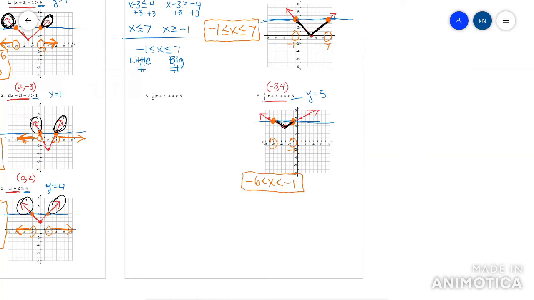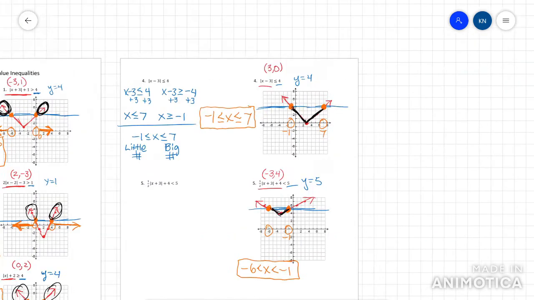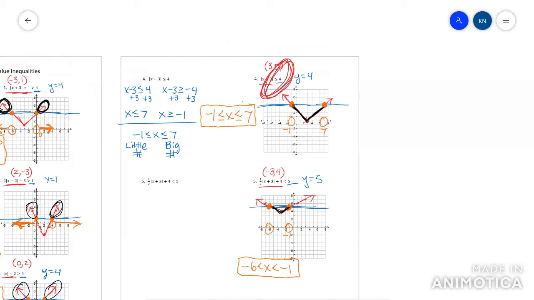And again, I wrote it as one inequality because these things were going towards each other, not away from each other. And also a quick recap, always match whatever inequality symbol they gave you. So like on the previous one, they gave me an or equal to. So in my answer, I had or equal to's.